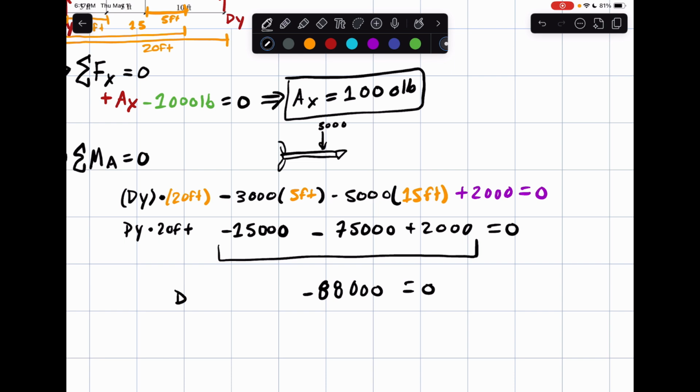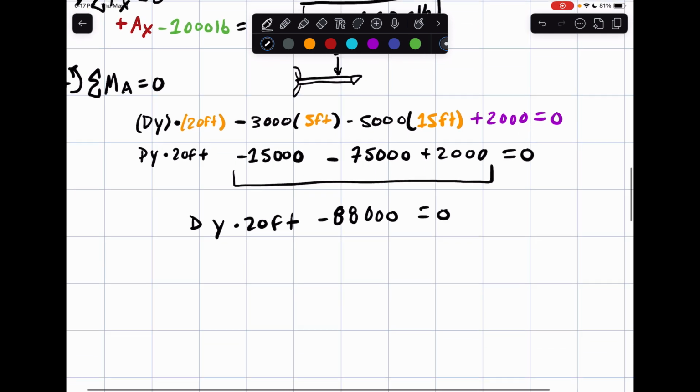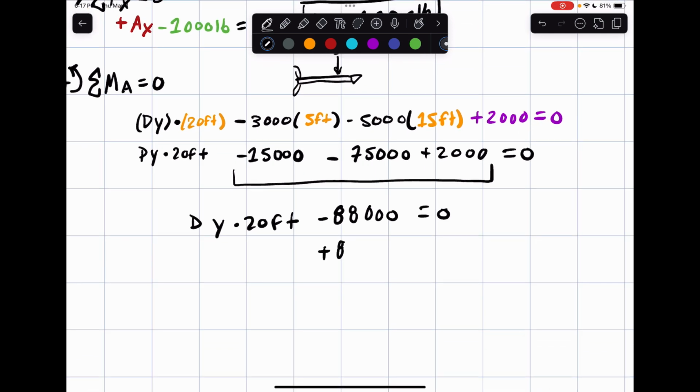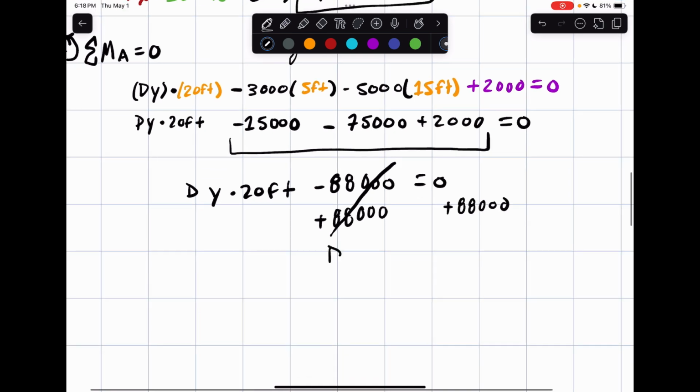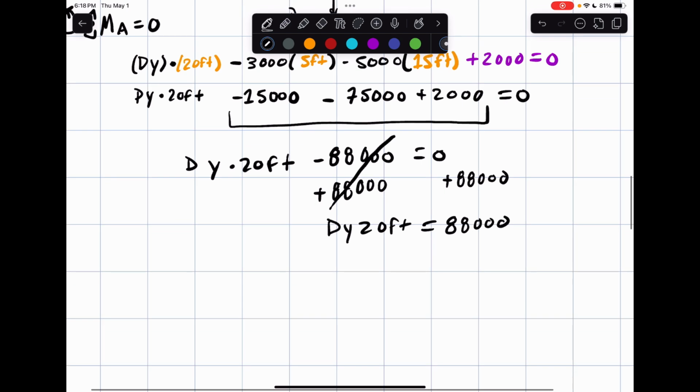And then dy times 20 feet is here. So we could move this 88,000 to the other side, canceling it out over here. And now we could solve for dy. So to get dy alone, we could divide by 20 feet here.